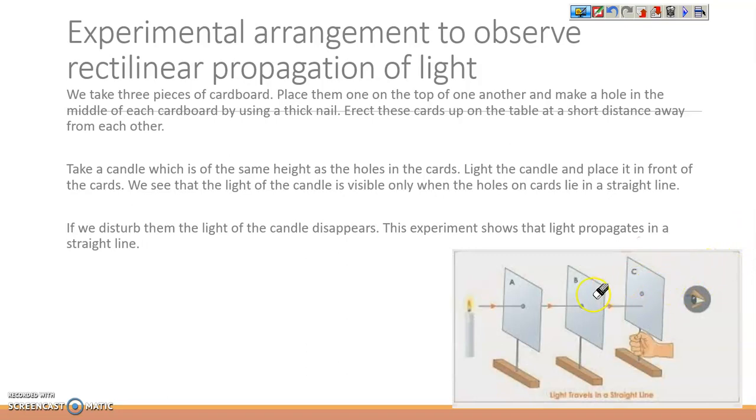He or she looks through the hole of the upright C from here.